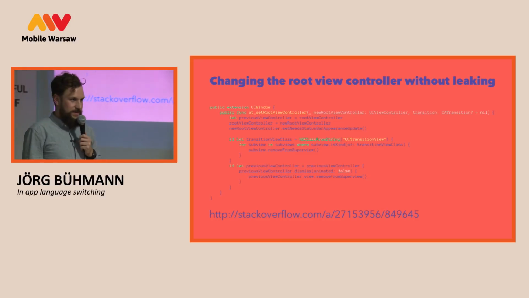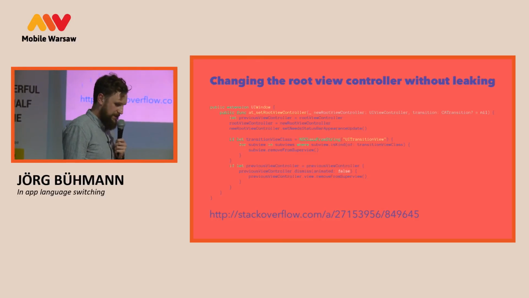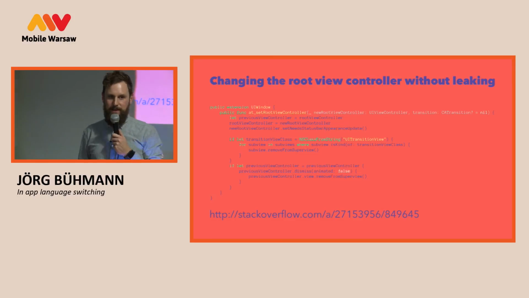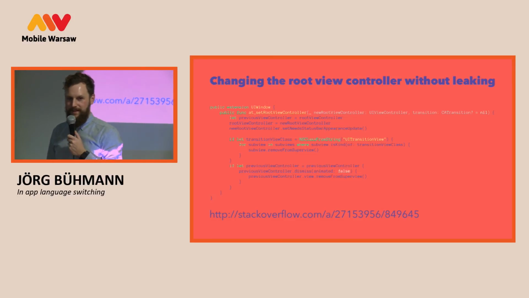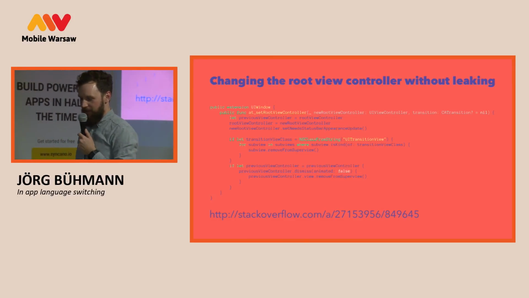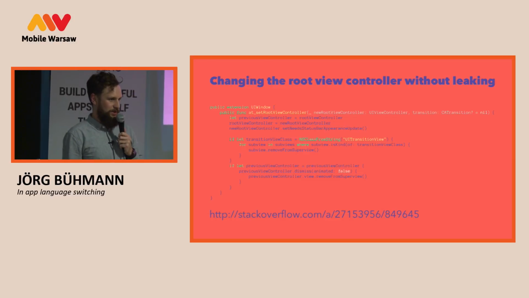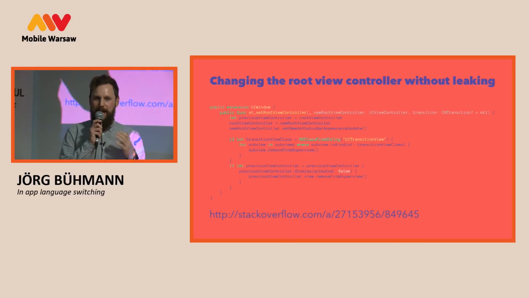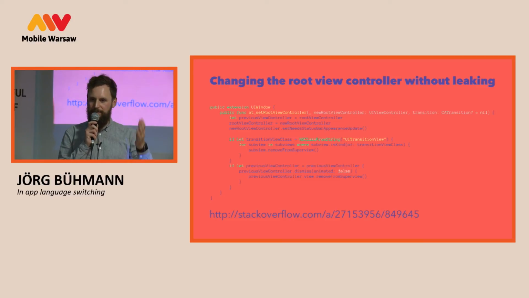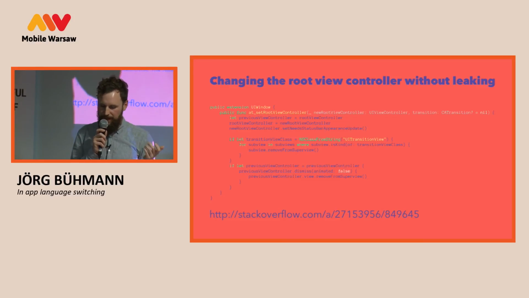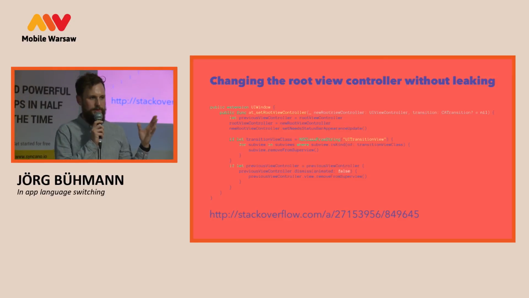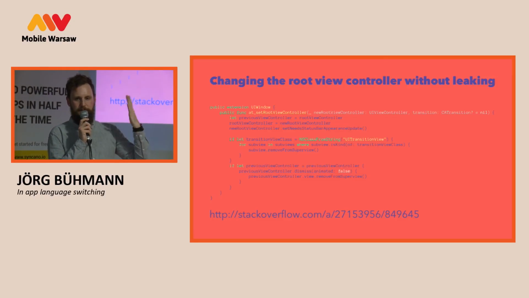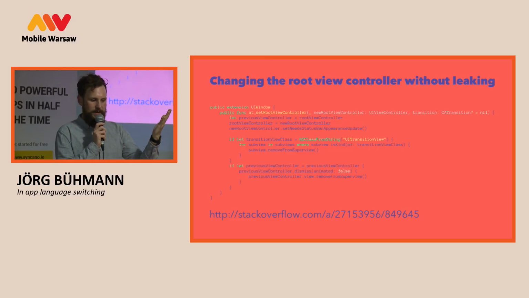Then there are all kinds of hacks around system APIs that might not support changing the whole application and relaunching it, because you're not part of the typical application lifecycle. For example, on iOS, there is the root view controller, which is basically the first view that you give the system when the app starts.